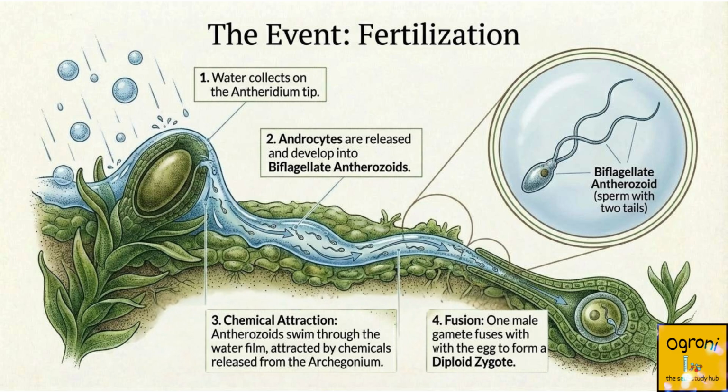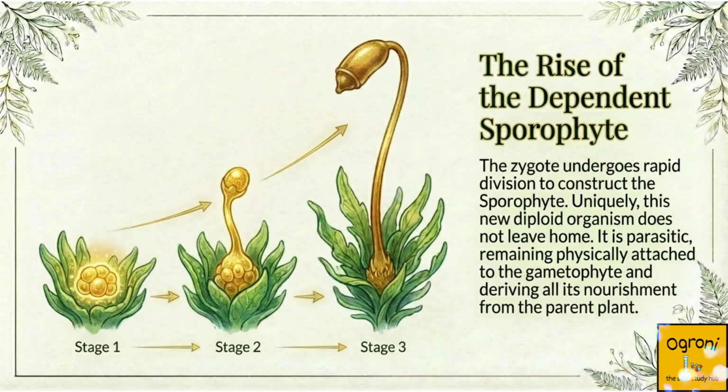Antherozoids swim through the water towards the egg cell, because they are attracted by the chemicals released from the archegonium. One of the male sex cells fertilizes the egg cell. This shows why water is essential for fertilization.